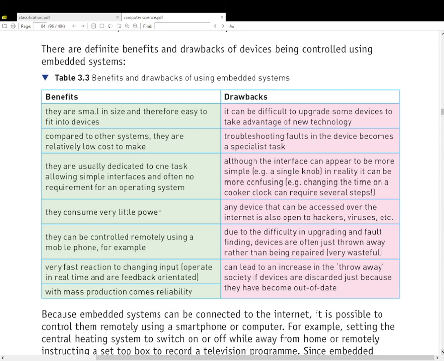Compared to other systems, they are relatively low cost to make. Their production is not that huge in terms of budget, it's something that can work on a budget. They are also usually dedicated to one task, allowing a simple interface and often no requirement for an operating system.